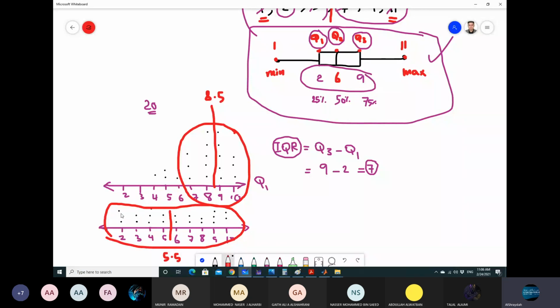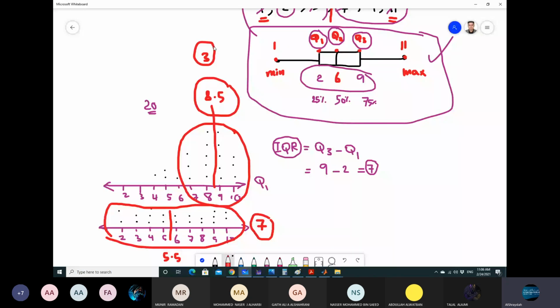So the data values here are spread out, and here it is clustered about the mean. If we calculate the IQR here, maybe it gives you 3, and here maybe it gives you 7. So here the IQR gives you a measure of variability.